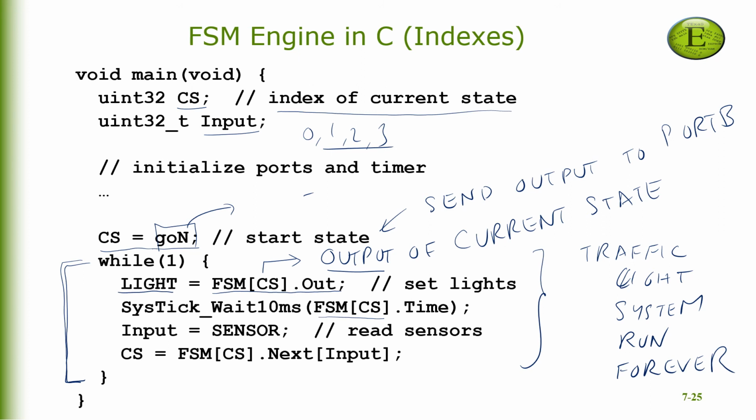Remember, CS, the FSM, was of type state, and the second variable of the state was the time, the wait time. So essentially we are saying go to the current state and fetch the time, and then invoke a routine. This is the routine.